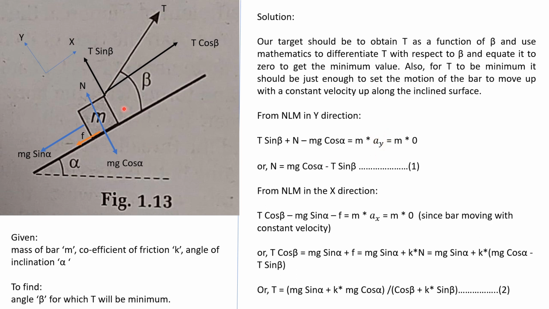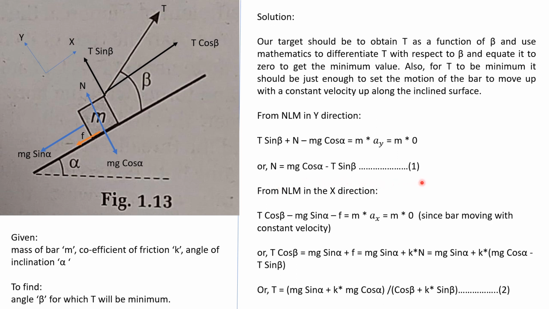But there is no acceleration in the y direction because all the time the bar is in contact with the inclined plane and moving up due to the applied T against these forces. So a_y is 0, and you get equation number 1: N is equal to mg cos alpha minus T sine beta.